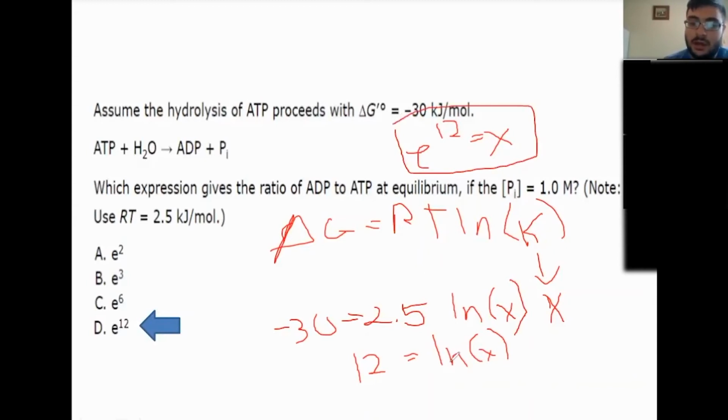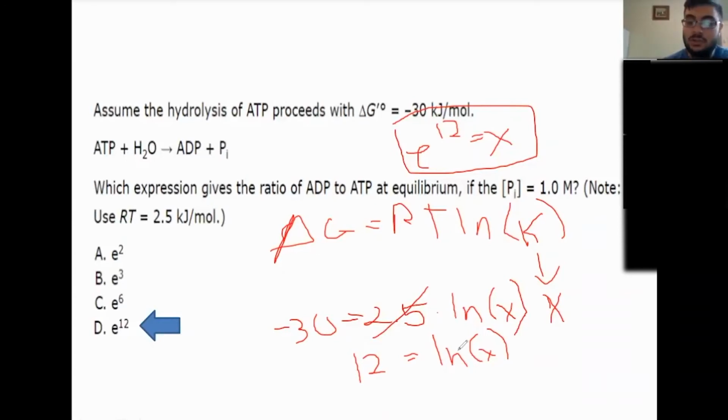You know that ln x is just a natural log, log base e. If you want to do the reverse, just like if you were multiplying here, so you multiply 2.5 by ln x, in order to get rid of the 2.5 on this side, you have to do the opposite operation. You have to divide both sides by 2.5 in order to get rid of this.